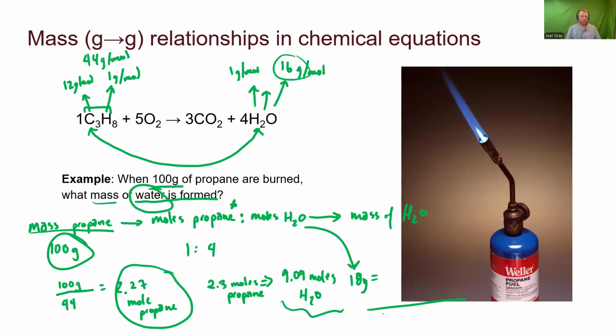Not quite. If you have 1 mole of H2O, that's 18. You have 9 moles, so 1 mole is 18 grams. 2 moles would be 36. 3 moles would be 54. You need to do 9.09 times 18.